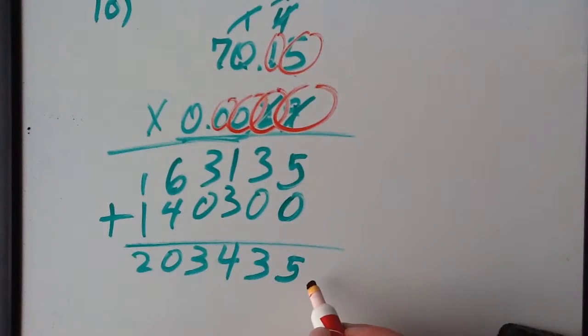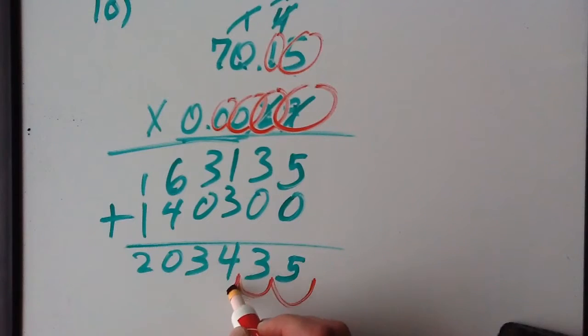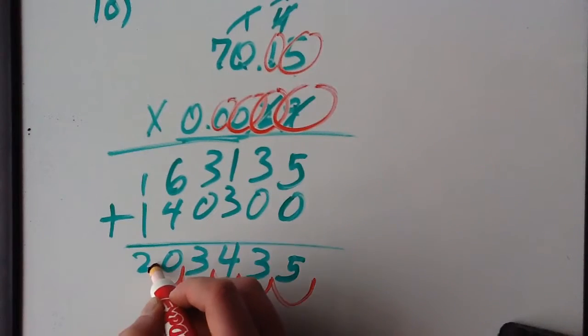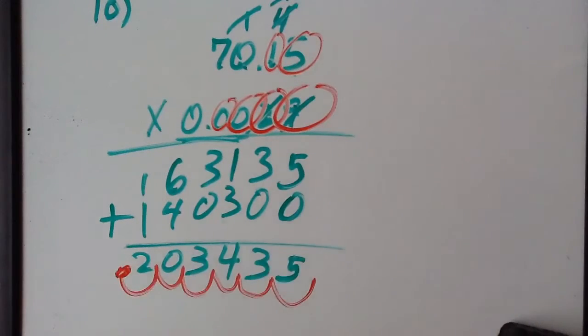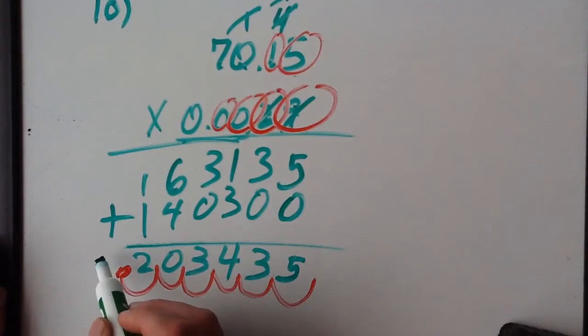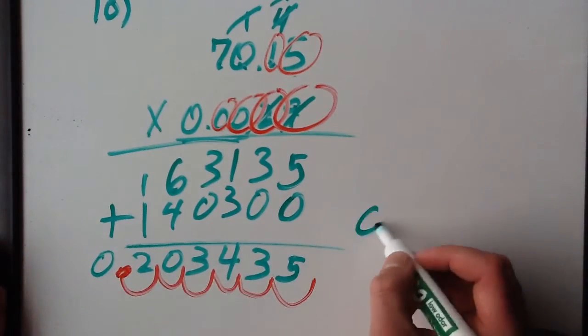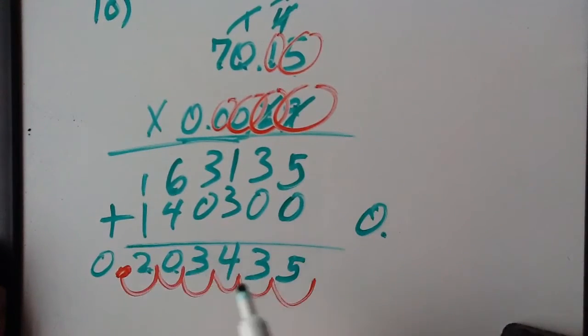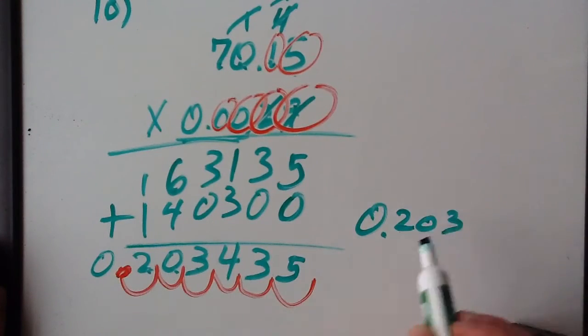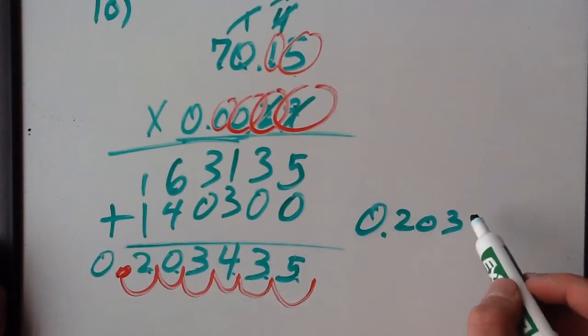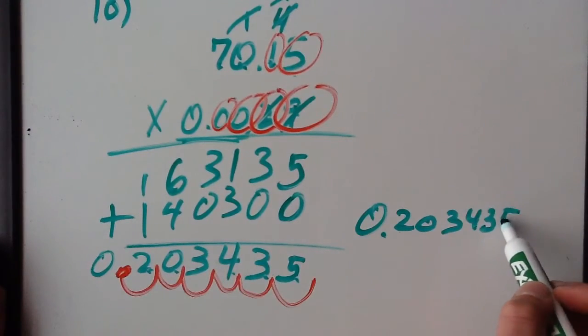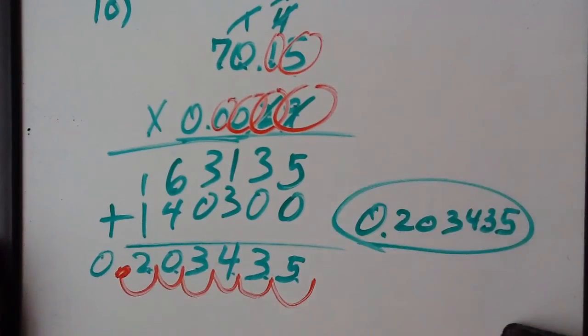So start on the far right, and let's go 6 digits left. 1, 2, 3, 4, 5, 6. There's my decimal. So my answer, of course, I can add a placeholder 0 right there. My answer would be 0.203435. That would be my final answer.